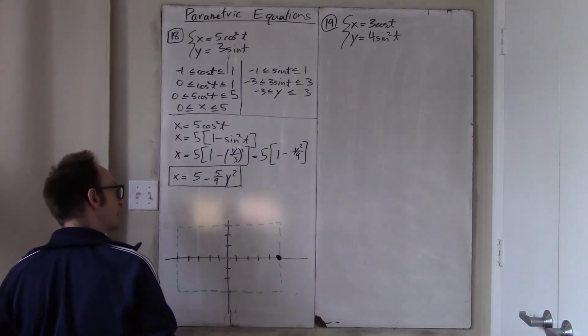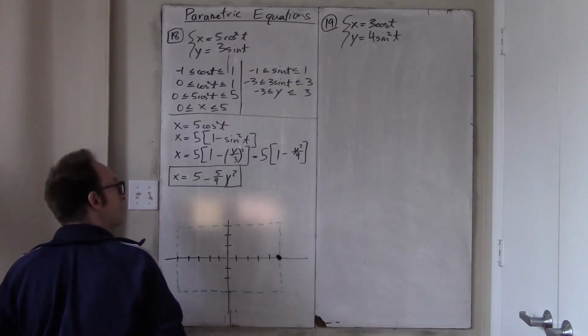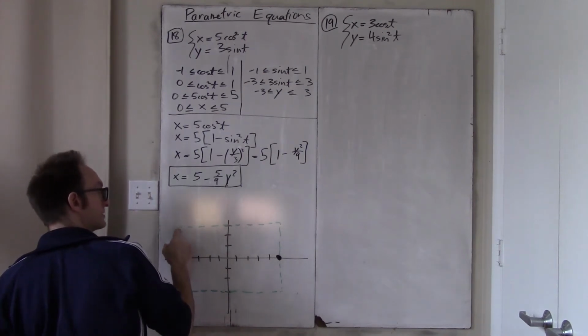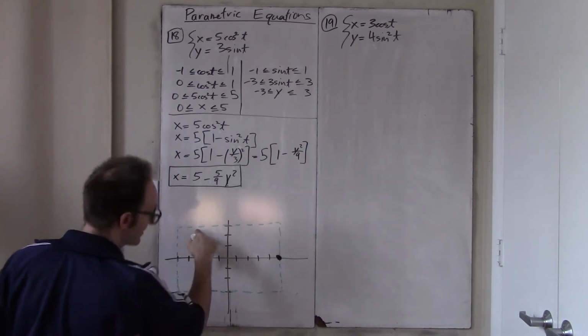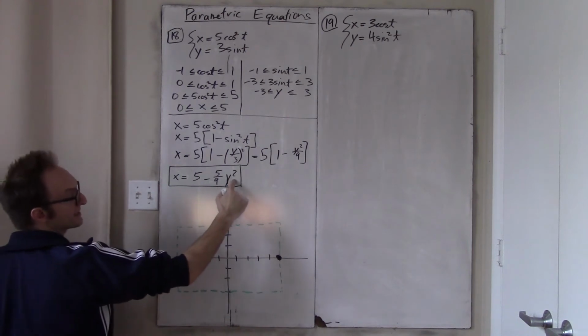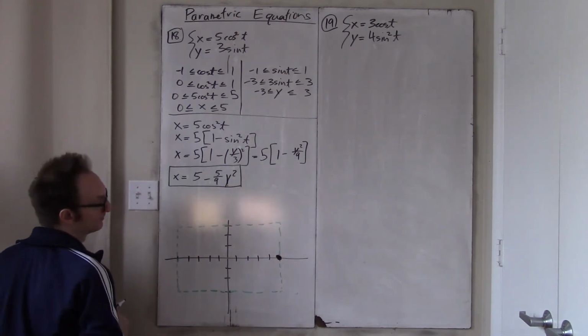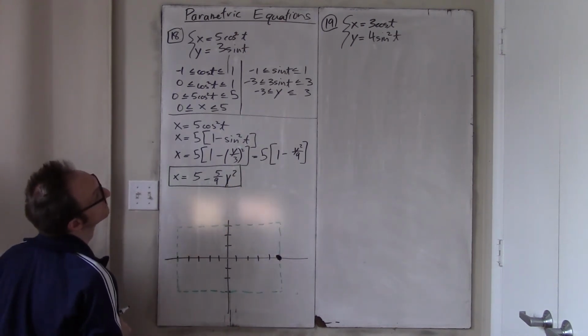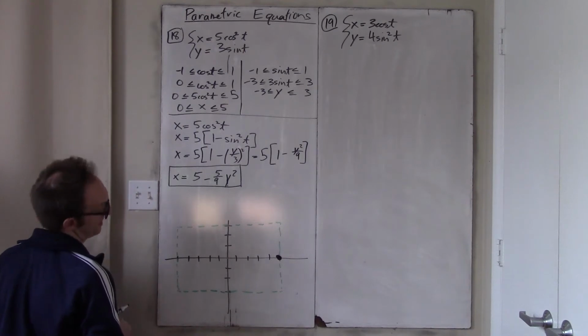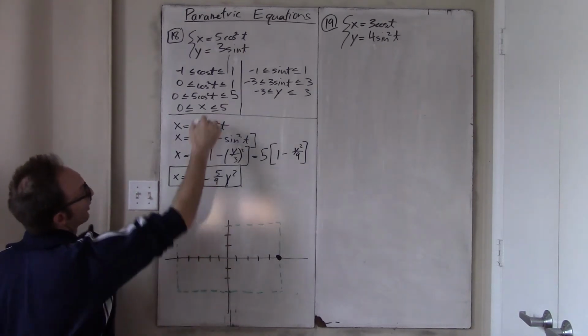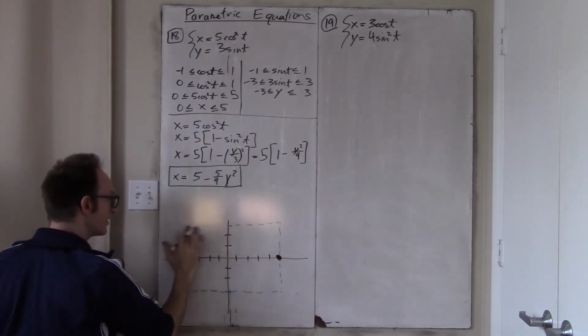And I guess I could plug in other numbers even. Like, what about when y is 3? So the corner, when we're at the top of the box. Well, when y is 3, hold on a second. This is the wrong box, of course, because x has to be between 0 and 5.